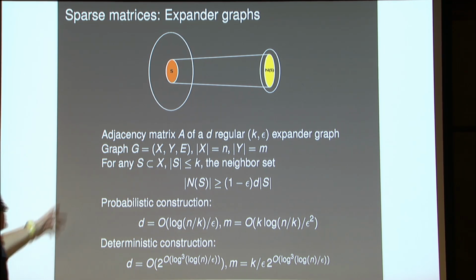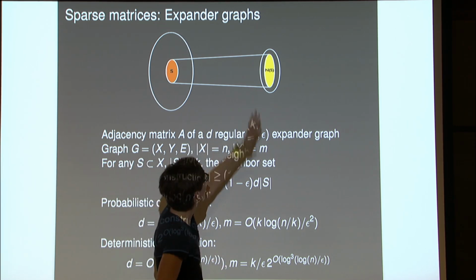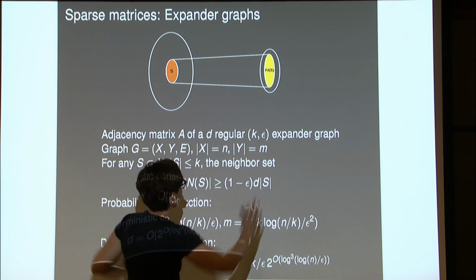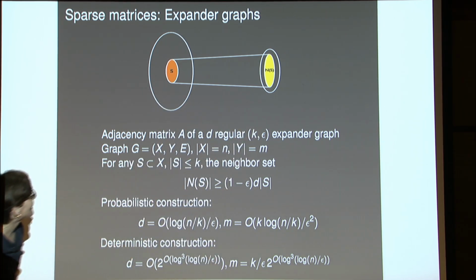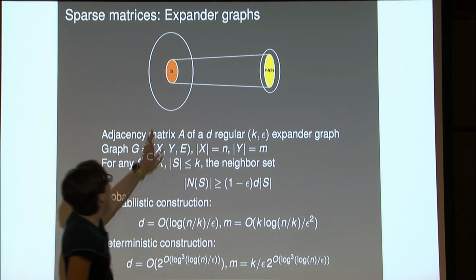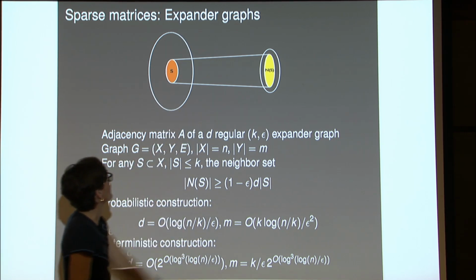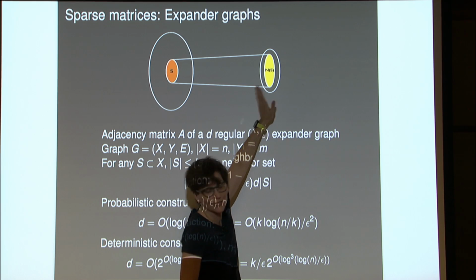Okay, so x is of length n, y is of length m. That's the left side. This is the right side. This is the signal. These are the measurements. And what is a d-regular k epsilon expander graph? So every outgoing node here has degree d. I think that's the setting. Either that or every node over here has degree d.